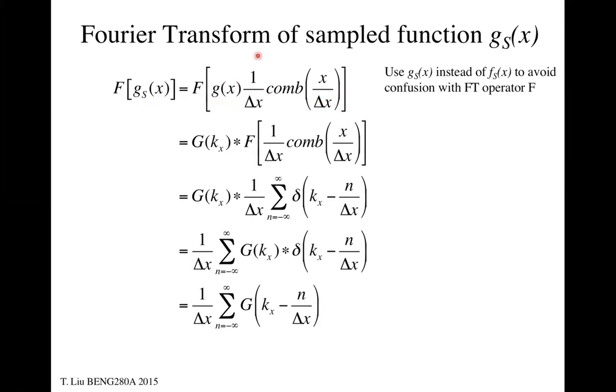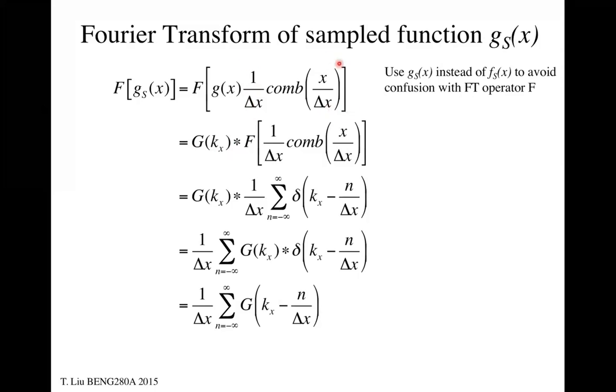We'll take the Fourier transform of that function, and by the convolution theorem, the fact that a product in the spatial domain turns into a convolution in the Fourier domain, we see that we get the Fourier transform of little g of x, so we'll call it big G of kx, convolved with the Fourier transform of the comb function.